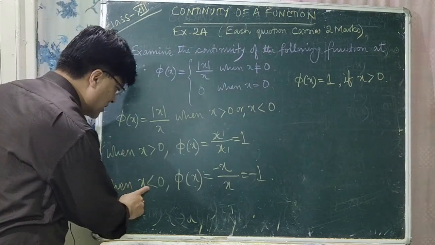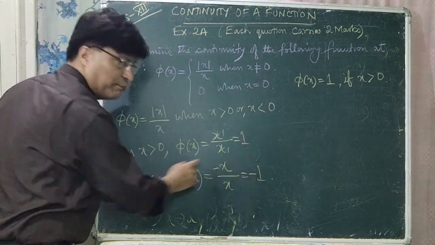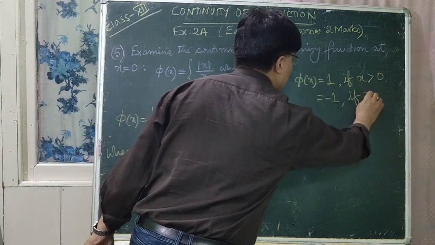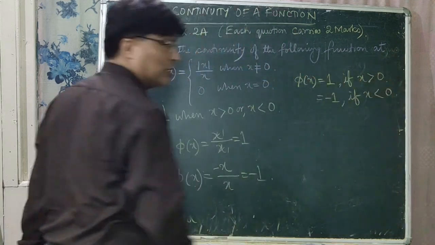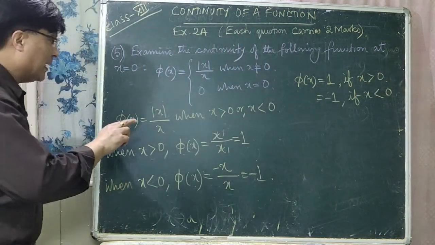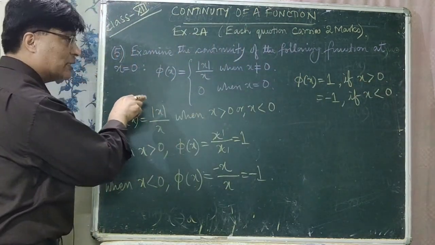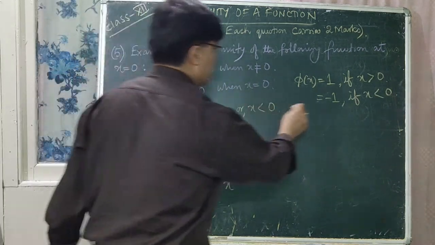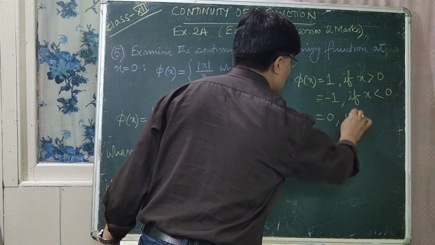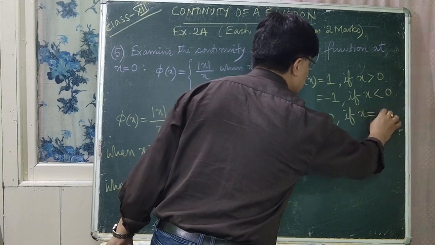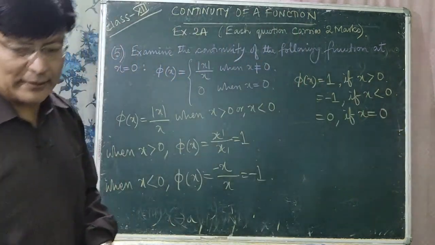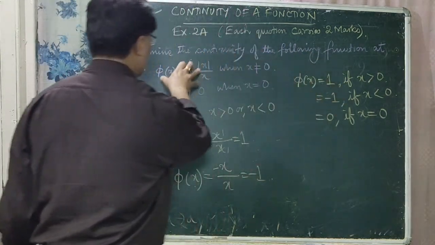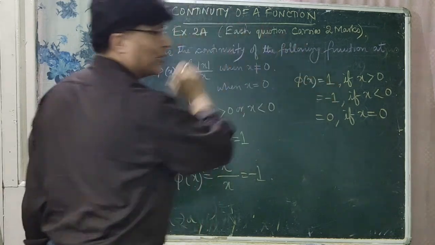So when x is less than 0, the value for phi of x is minus 1, if x is less than 0, right? Again, in the question it is given that when x is equal to 0, phi of x is equal to 0. That means you can write here 0 if x is equal to 0. Okay. Now we have redefined the given function as this one.